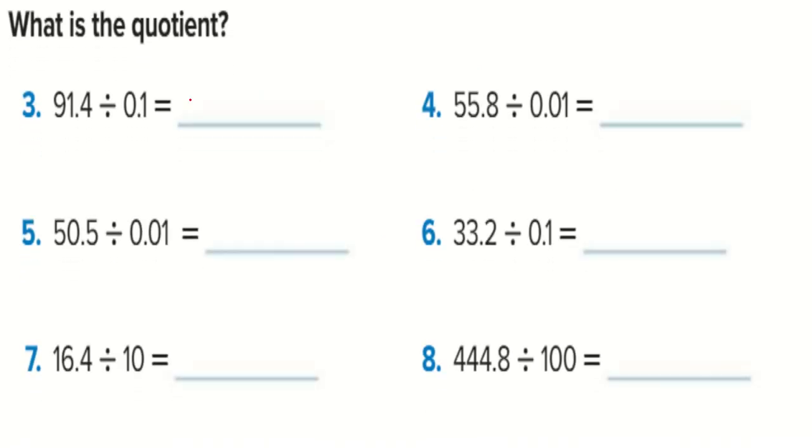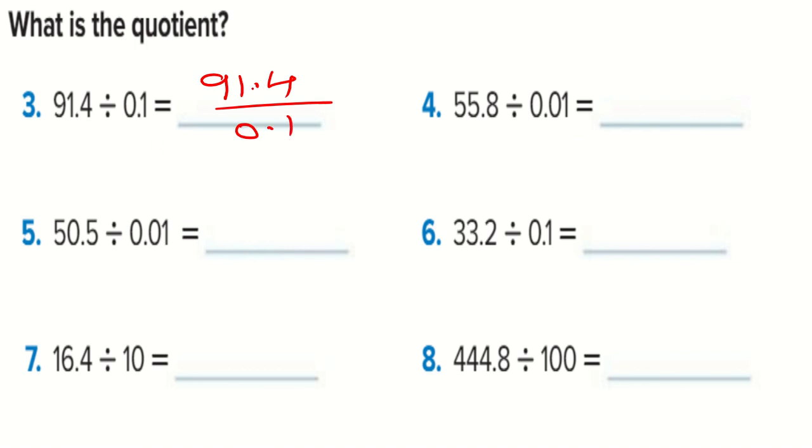Now let's talk about this question. They are asking what the quotient is. They are dealing with just 0.1, 0.01, which means the main number in the divisor is 1, so it will be very easy for you. This is 91.4 divided by 0.1.